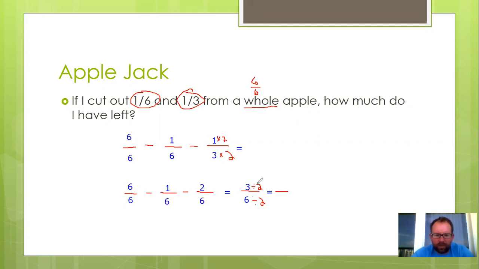We should be dividing by 3. That's my fault, guys. Looking at it going, wait, what's going on here? So divide by 3, not 2. Divide by the numerator. 3 divided by 3 is 1, and 6 divided by 3 is 2. So our final answer is 1/2. Sorry about that, y'all.